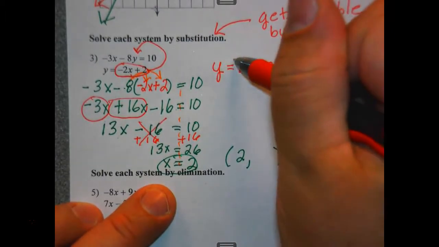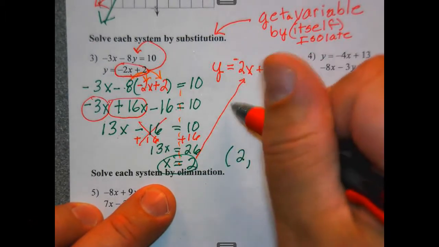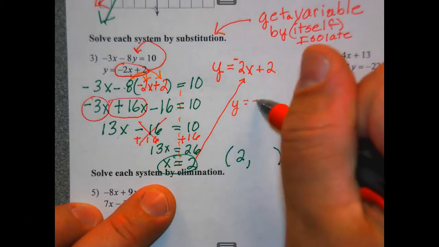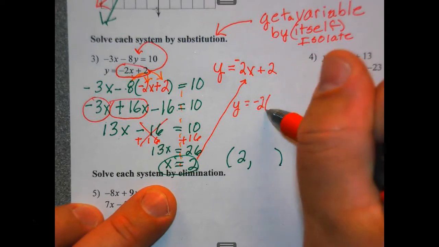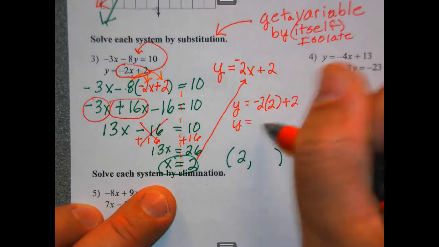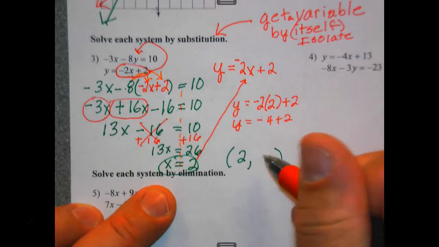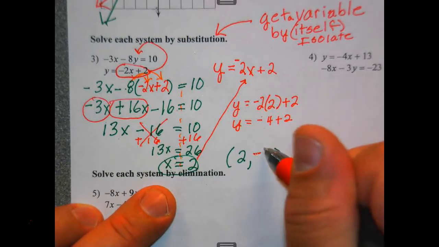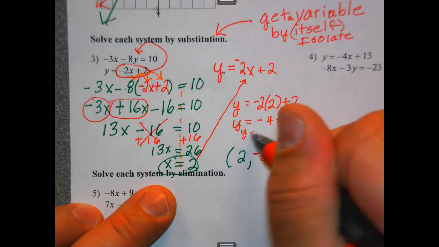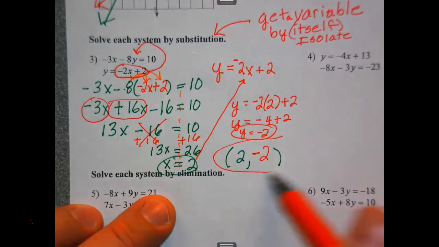I know my x is 2, so I'm going to substitute that in. So y equals negative 2 times 2 plus 2. y equals negative 4 plus 2, or y equals negative 2. This is my answer.